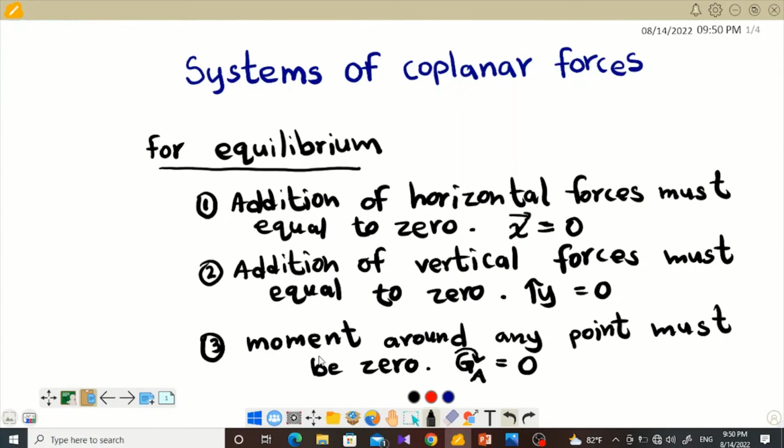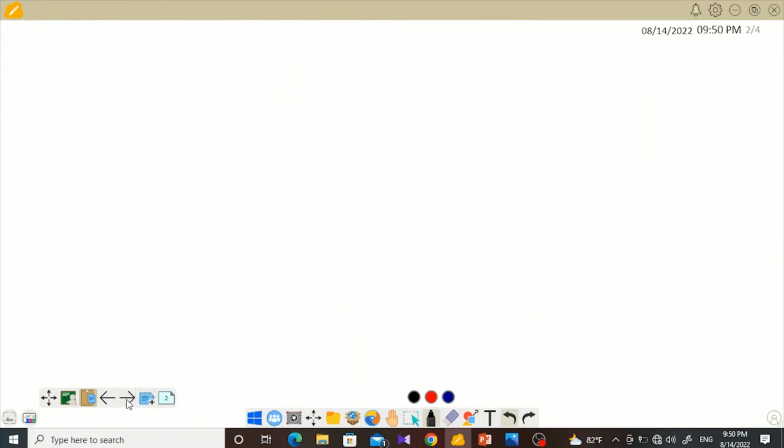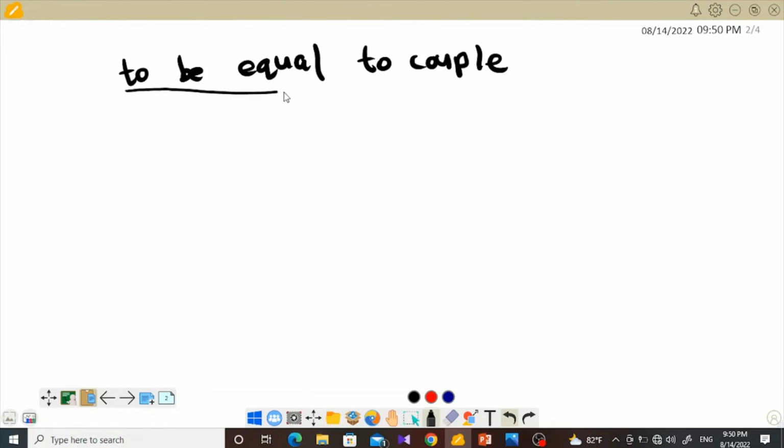Then we talk about the system being equal to a couple. To be equal to a couple, the system must satisfy these three conditions.